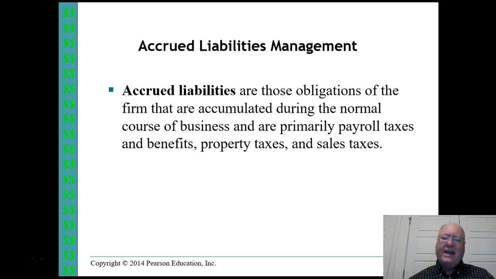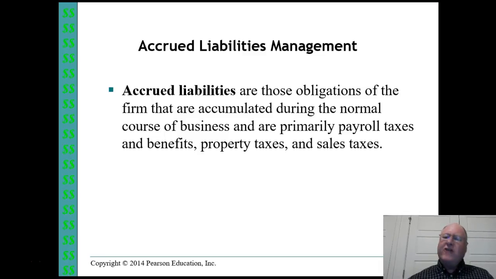Again, we want to manage those well by paying them when they're due, ensuring we have adequate liquidity to pay those items when they're due, so that we don't get into trouble in our business itself. And that's why lines of credit can become very useful, because you definitely don't ever want to be late on payroll taxes. You definitely don't want to be late on paying any payroll itself. And property taxes and sales taxes, again, are big no-nos for ever missing due dates.